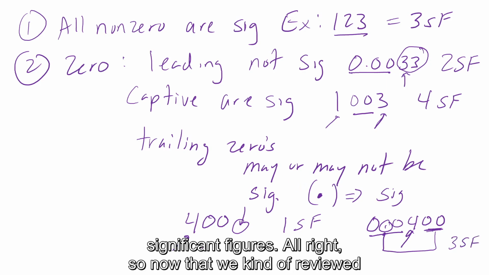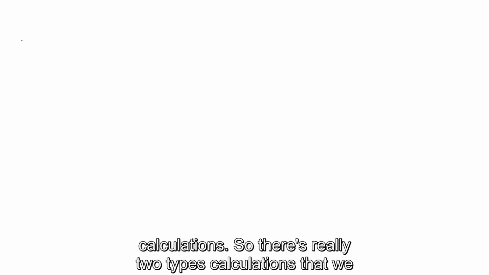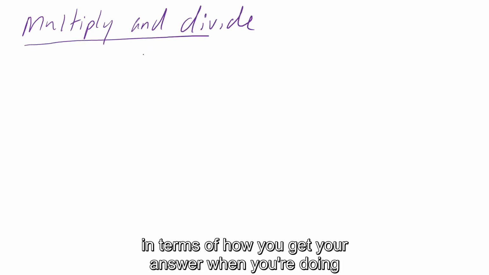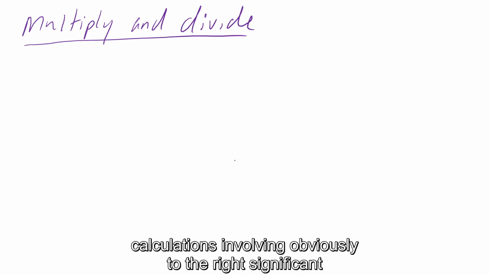All right, so now that we reviewed these guys really quick, let's talk about what we do with calculations. There are really two types of calculations that we do. We multiply and divide, and they're sort of grouped together in terms of how you get your answer when you're doing calculations involving the right significant figures.